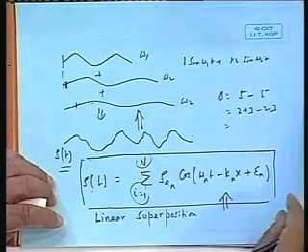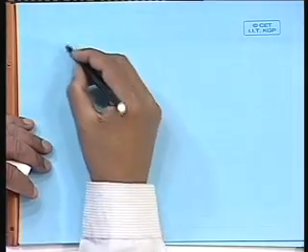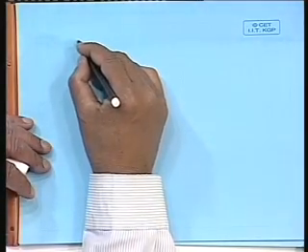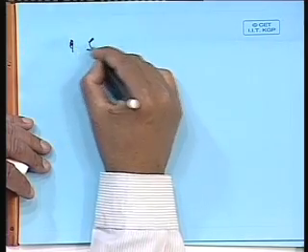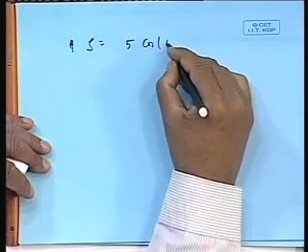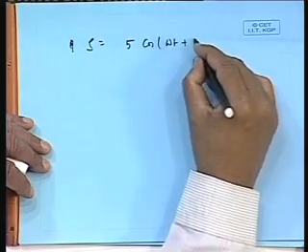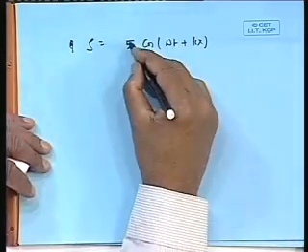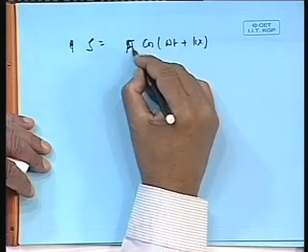You see, now I want to examine this linear superposition slightly more for the next 5 minutes or so. Now, you take one wave, which is eta or xi, we are calling xi1 equal to say a1 cos(omega t plus kx), with a certain amplitude, let me call it a1.